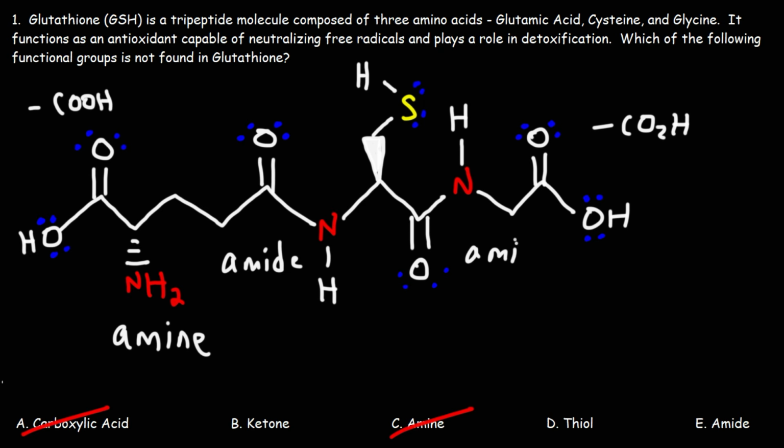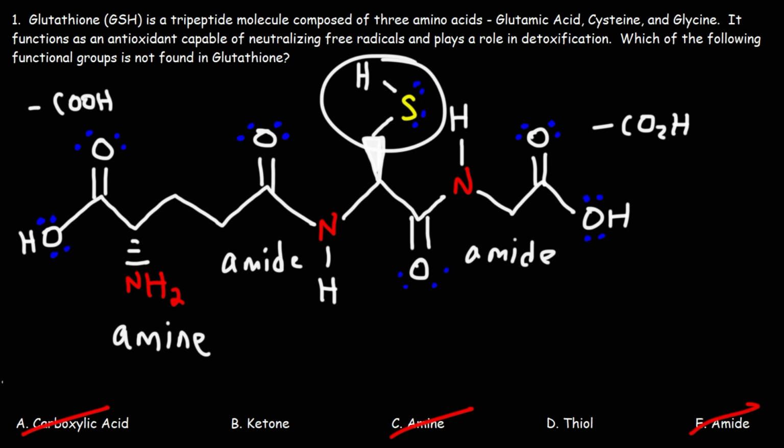Glutathione has 2 amide functional groups. So that means that 3 amino acids joined together to form this tripeptide. Whenever you see a carbonyl group adjacent to a nitrogen, that's an amide functional group. So we could eliminate answer choice E.